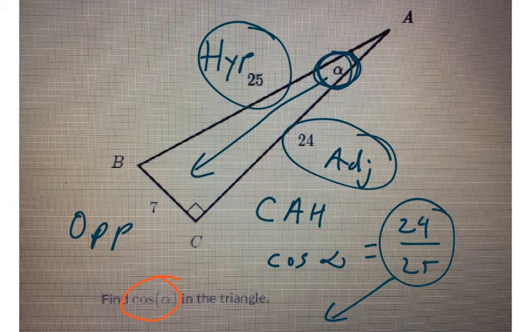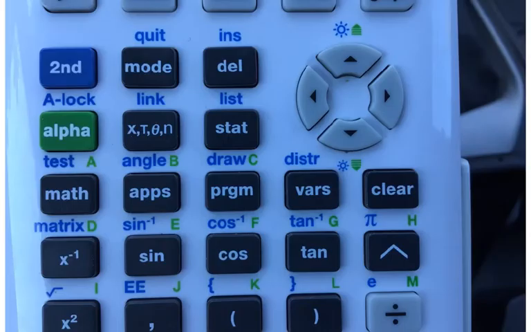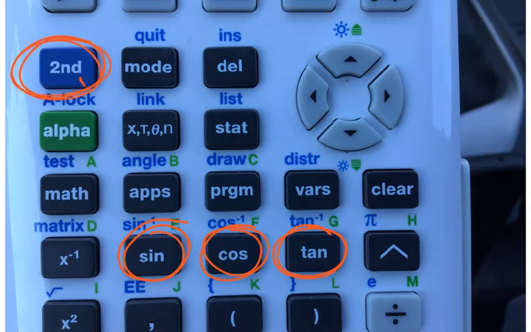And that being said, I just want to remind you that what we just did was understanding where these buttons on our calculator come from. What I just circled is sine, cosine, and tangent. Okay? In a future video, we're going to learn to use the second button.